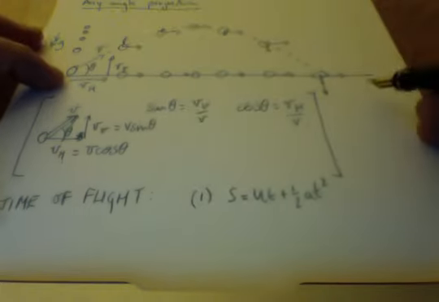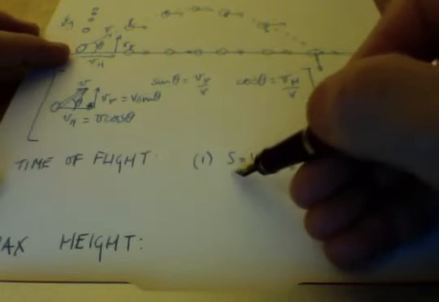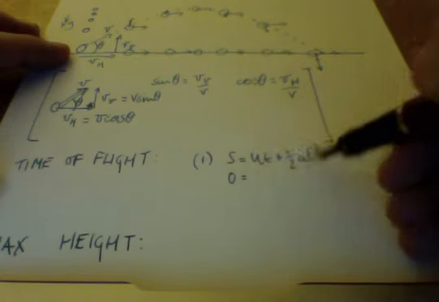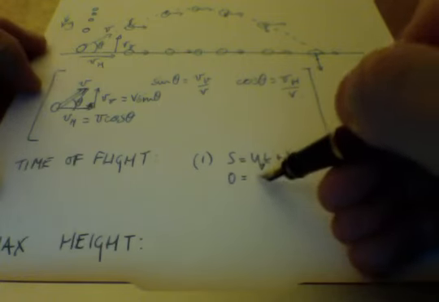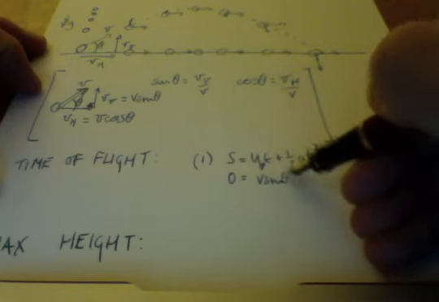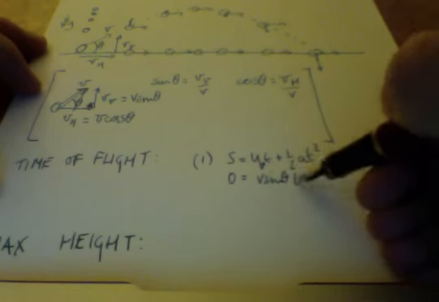If I'm looking for the time of flight, it's taken off at 0. This is a displacement, so I'm looking for when it's come back to 0 again. Displacement of 0. So we have 0 = ut + ½at². My u, which is vertical, is going to be v sine theta t.